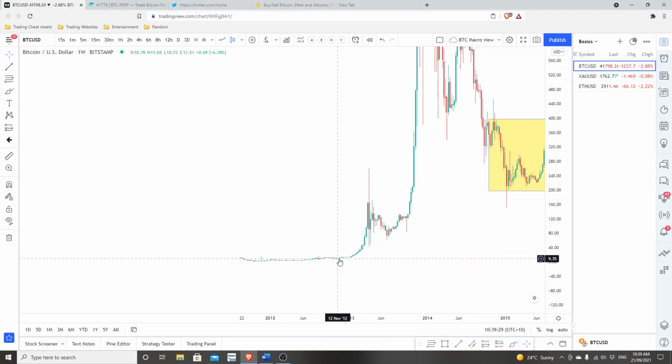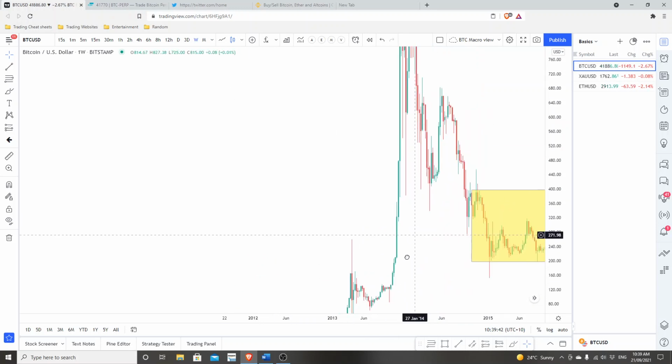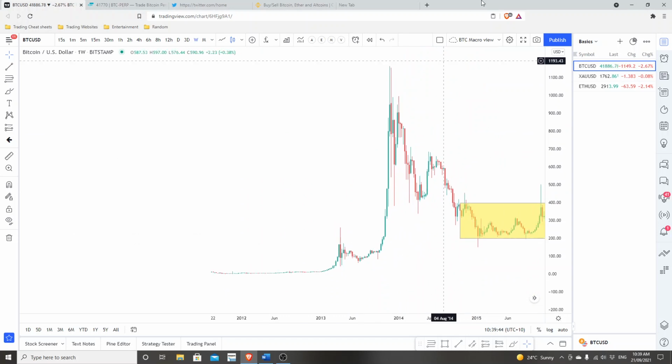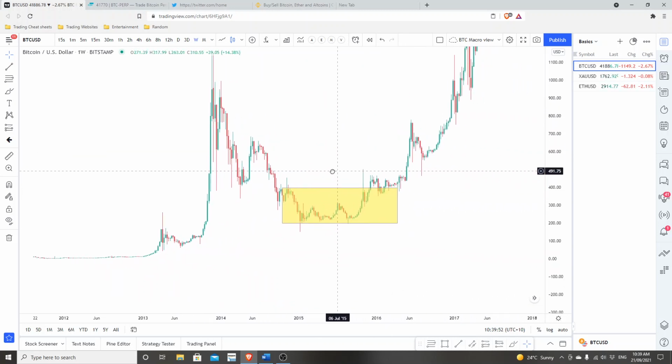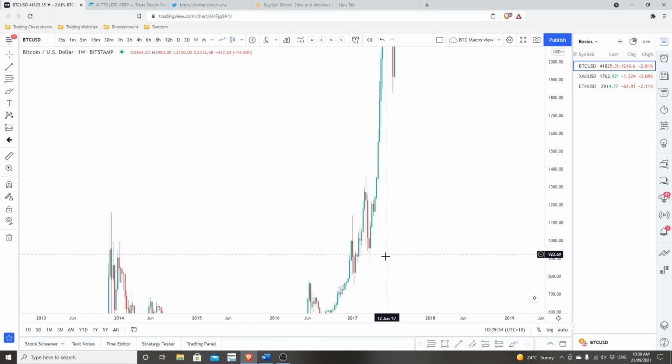It goes from slight curve to near vertical, crumbles down, bit of consolidation, we retest that consolidation level there, and we curve back up, blow off top, come back down, consolidation, start to run back up again.